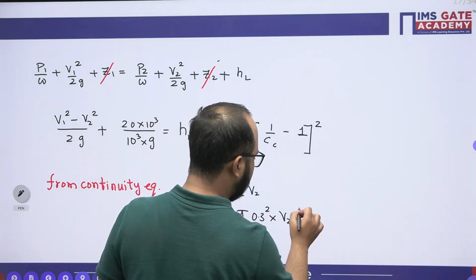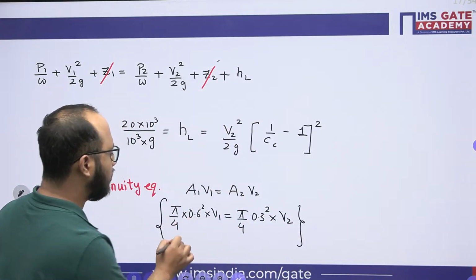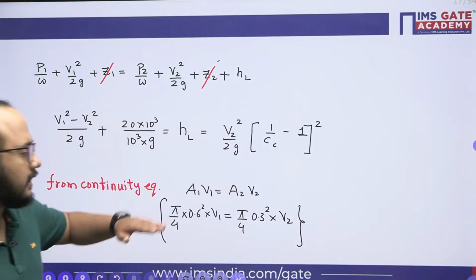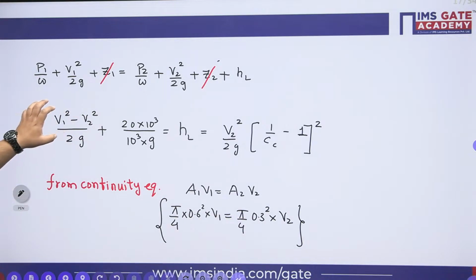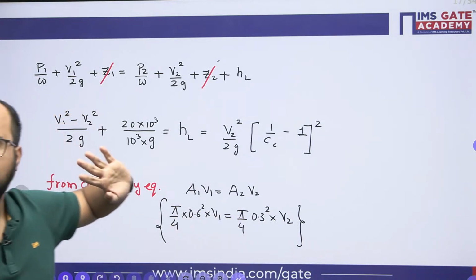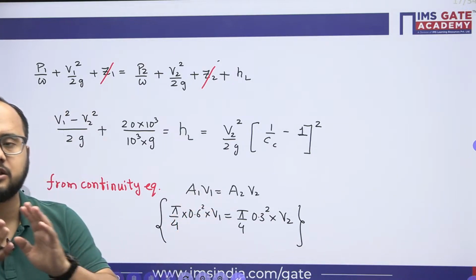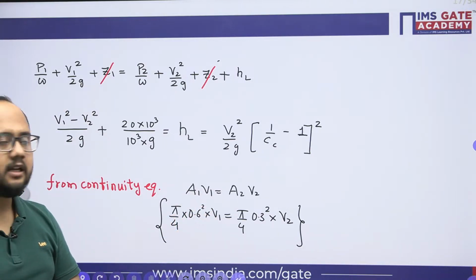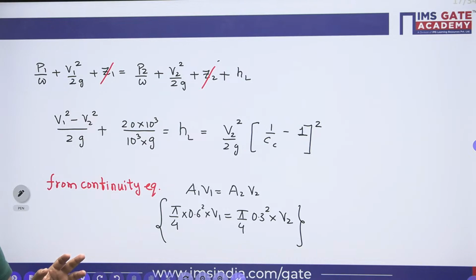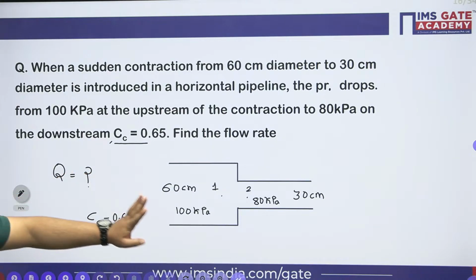From this I will have a relation between V1 and V2, which I will utilize here to get the value of V1 or V2. If I know V1, V2 and the diameters are directly given, I will easily get the discharge also. So in this question, multiple equations need to be applied, then only it is possible to calculate the discharge. I hope the question is clear, everyone.